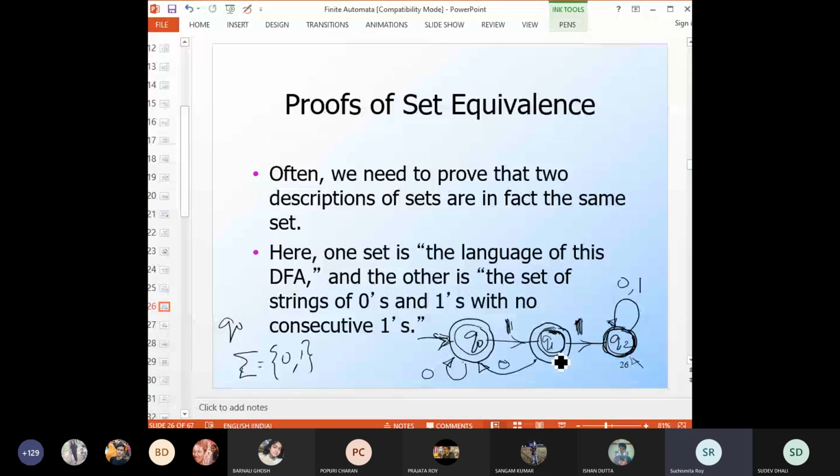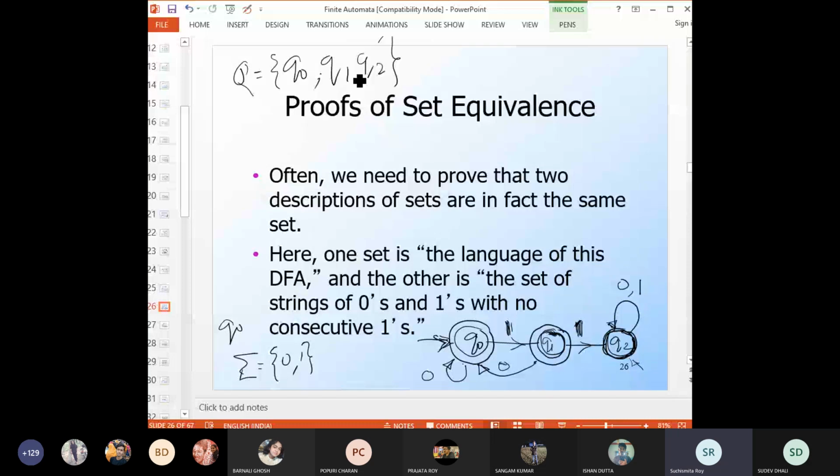So have we defined all the 5 things? Now that our automata is complete, we know that Q is Q0, Q1 and Q2. Can you see that? And F, the set of final states, which is a subset of Q, is going to be Q0 and Q1.